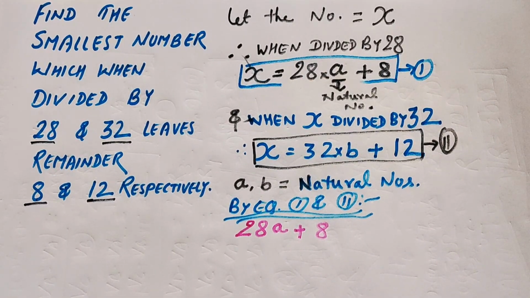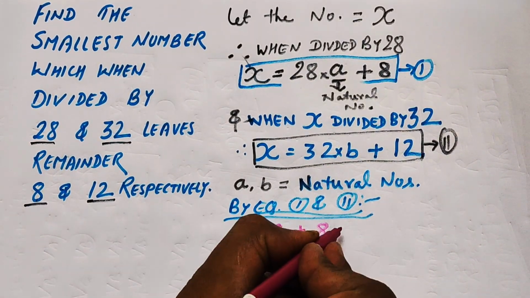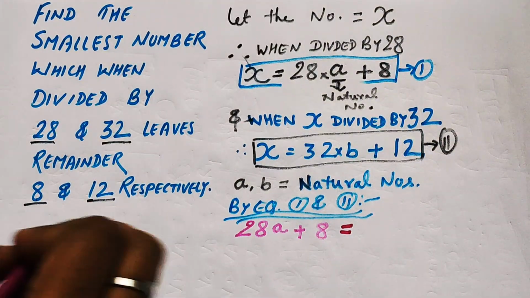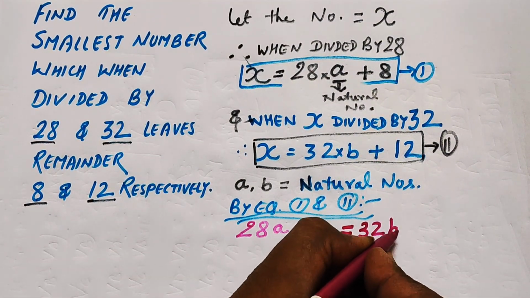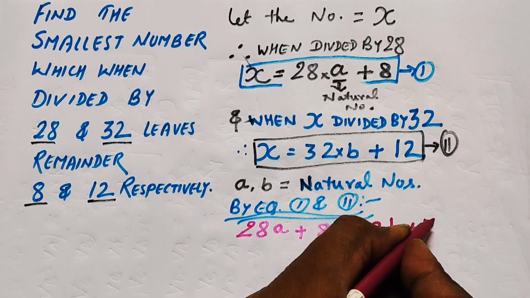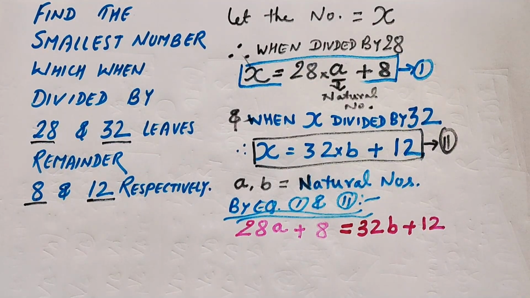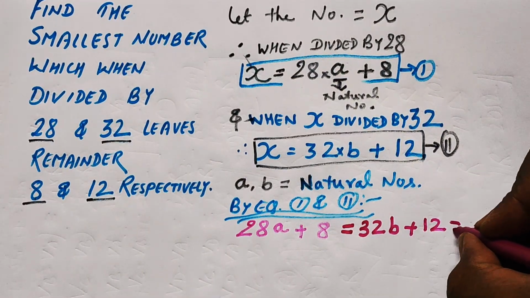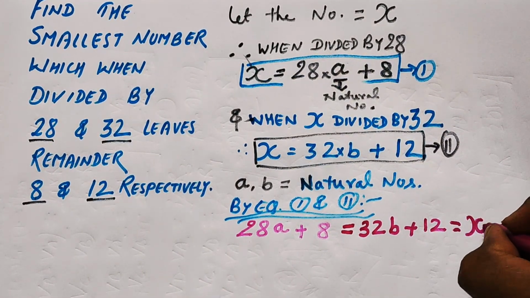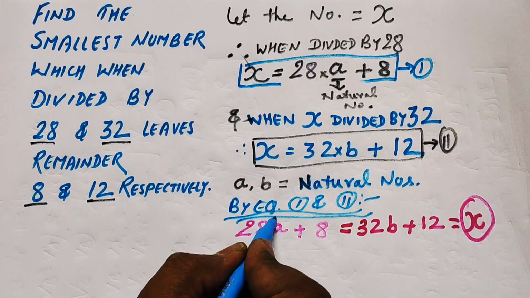Why? Because 1 and 2 both are the values of x, so both these equations are equated. So it is equal to 32b plus 12, which is equation number 2, right? Now what we will do, both of these are the value of x.